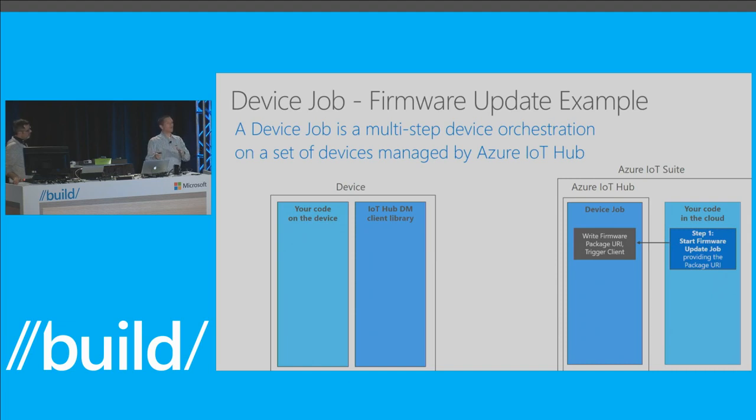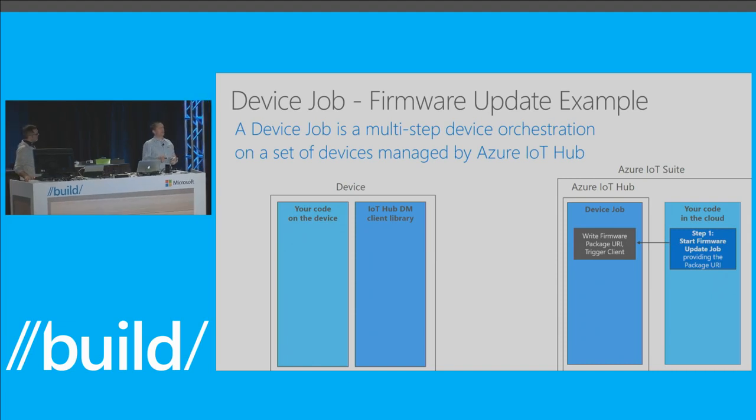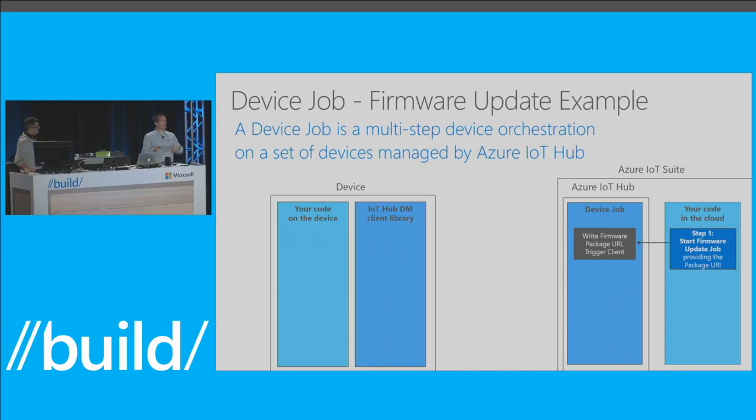From this one portal, you'll be able to say, I need to update building 54, floor 22, room 17, all the devices in there, go. Okay? So although I'm just focusing on this one device, this orchestration can occur over many devices. Okay? So keep that in mind as we go.